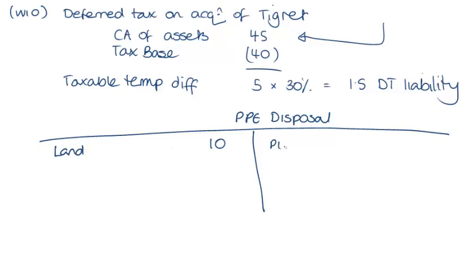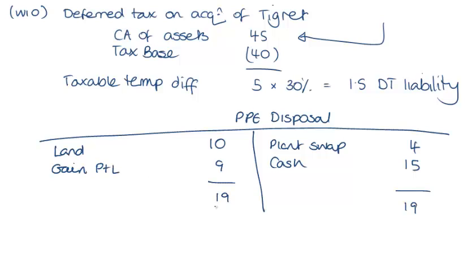We've got the plant swap coming in at 4. And we've got cash coming in of 15. That means, in respect of that particular item, we've got a gain of 9.